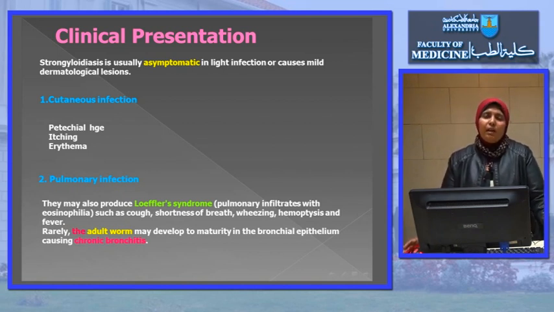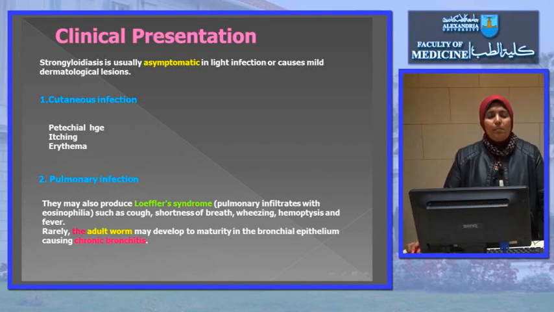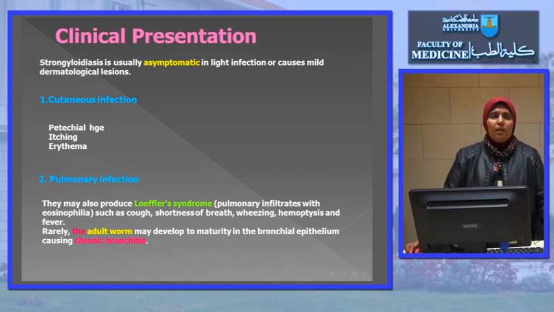So this is not their habitat. They're just passing by, but still the body will deal with them as if there is a foreign body inside the lungs. This reaction of the lungs to the passing-by filariform larvae will produce what we call Loeffler's syndrome. And what is Loeffler's syndrome? It is an asthma-like syndrome. This patient will suffer from cough, shortness of breath, wheezing, and even fever, or even hemoptysis.